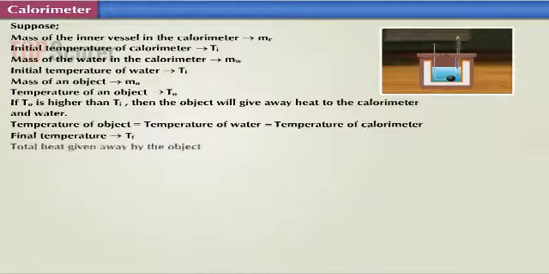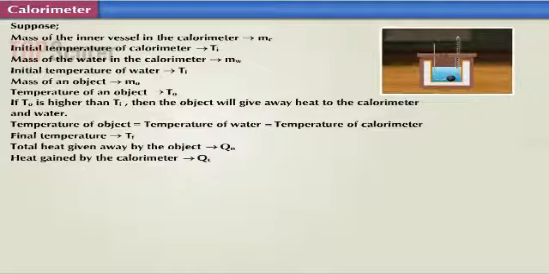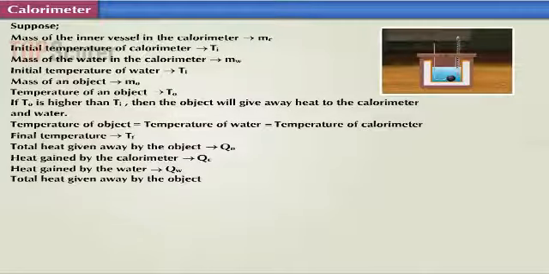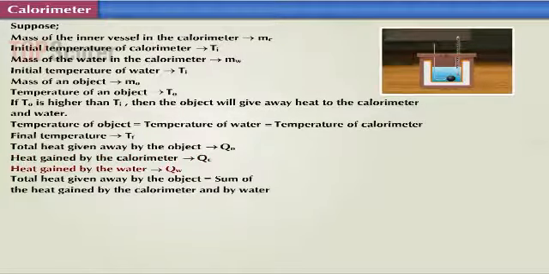Suppose the total heat given away by the object is Qo. The heat gained by the calorimeter is Qc, and the heat gained by the water is Qw. Then, the total heat given away by the object, which is Qo, will be equal to the sum of the heat gained by the calorimeter Qc and by water Qw.